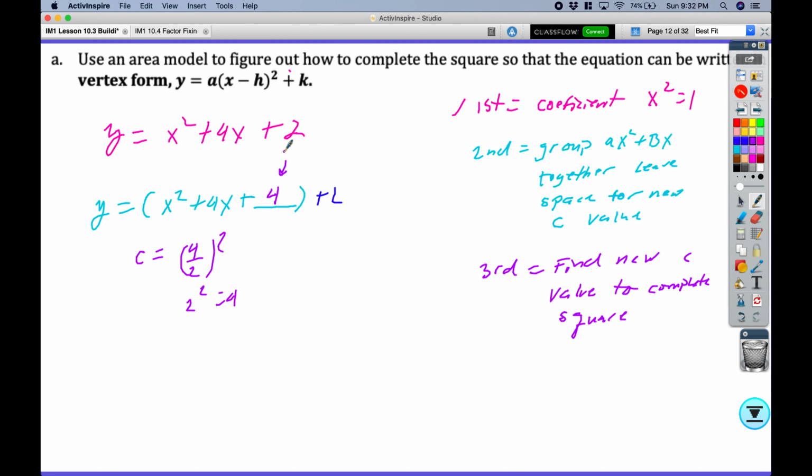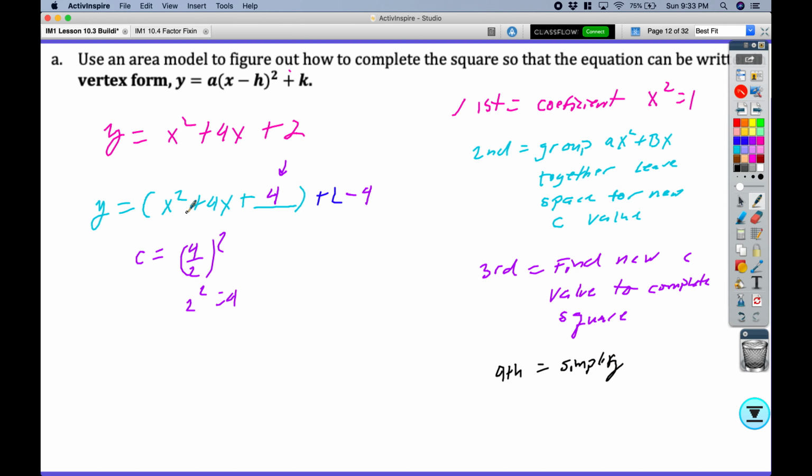But now my equation is completely different because I just added a 4. You can't just add a 4 in here and expect everything to be okay. So to keep the equation equivalent to what it was before, if I added a 4 right here, you need to subtract a 4 over here. So then your final step, let's just simplify.